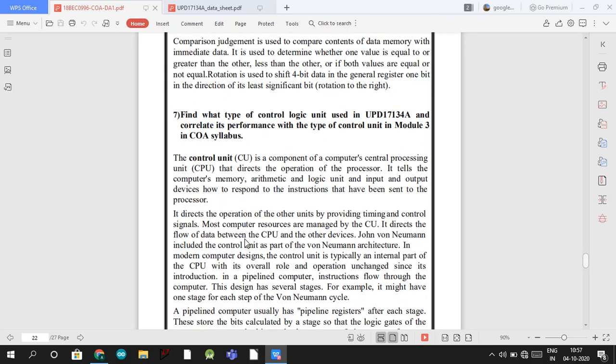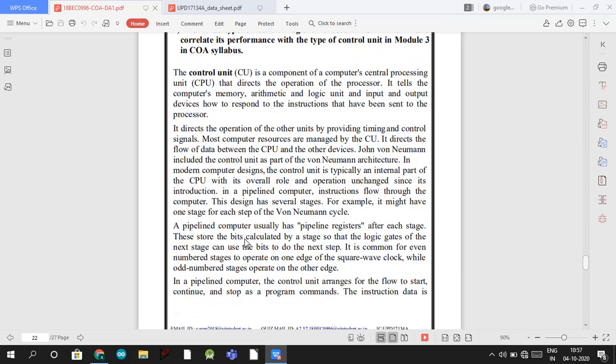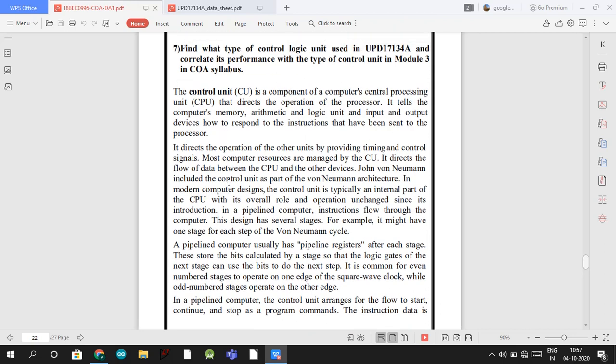Okay, let's see what type of control logic unit is used in our selected microcontroller, based on the module 3 syllabus. In the module 3 syllabus we can see the pipeline computer, which uses pipeline registers, and this is the same in the UPD17134A. The pipeline computer usually has pipeline registers after each stage.